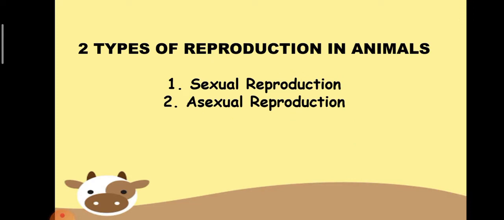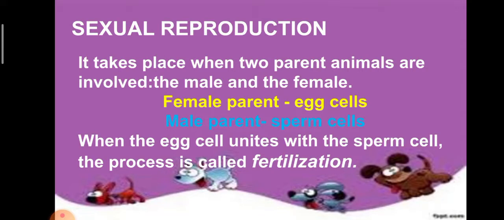There are two types of reproduction in animals. First is the sexual reproduction, and the second one is the asexual reproduction. When we say sexual reproduction, it takes place when two parent animals are involved, the male and the female. Pagka sinabi mong sexual reproduction, kailangan may dalawang animal.